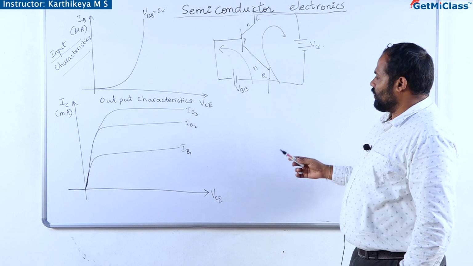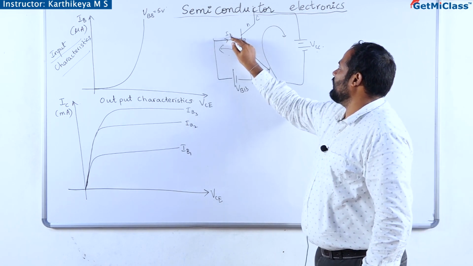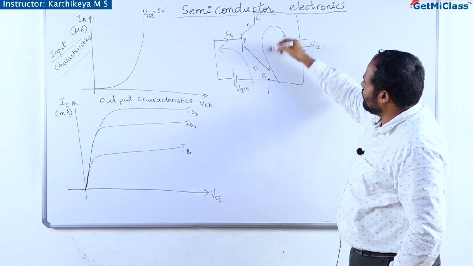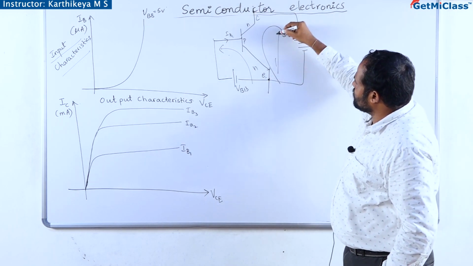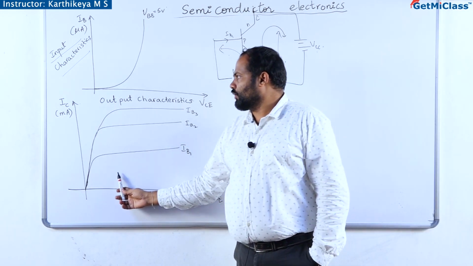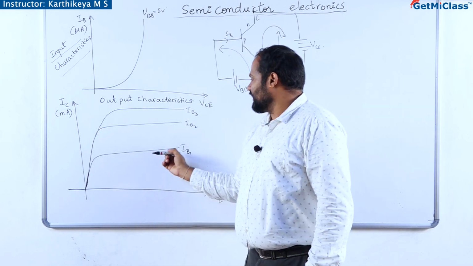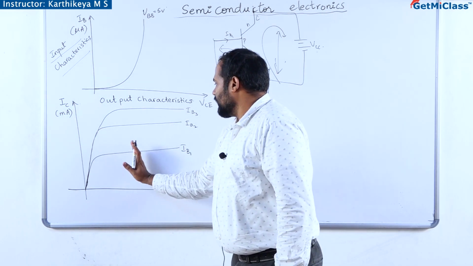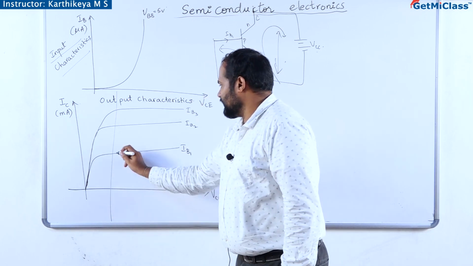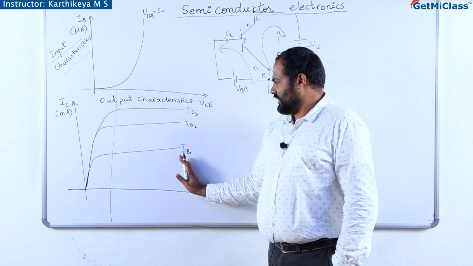Now, if I keep the base current constant, say IB1, and keep varying the voltage across emitter to collector, this is how the collector current varies, and this region is a saturation region, and this constant current will be utilized in operating the devices.